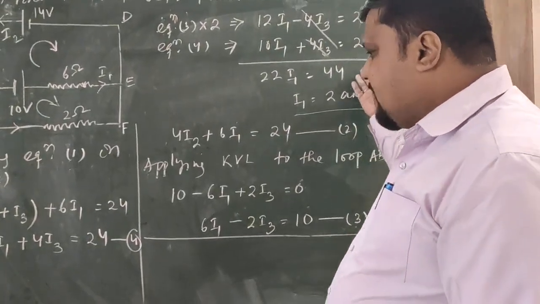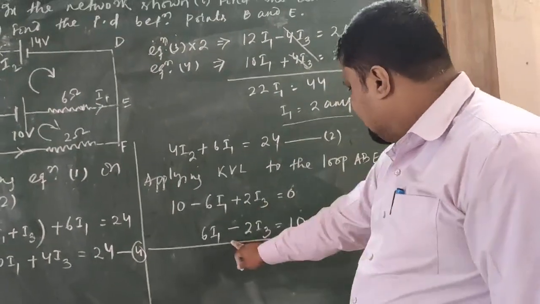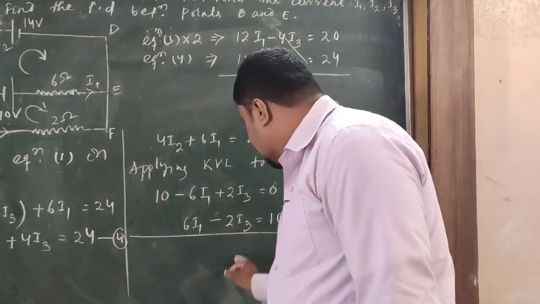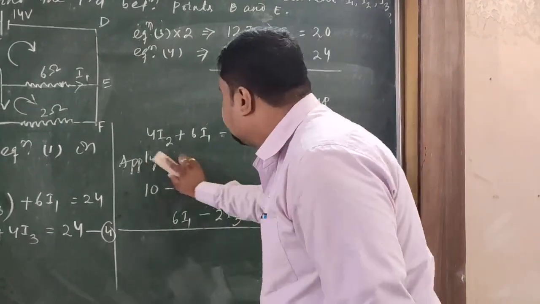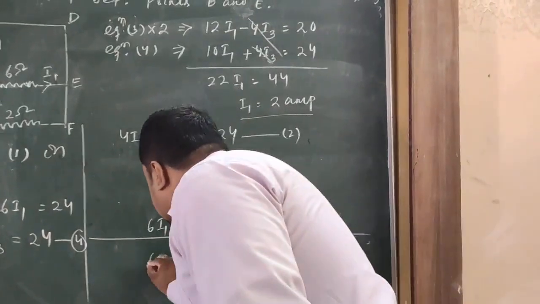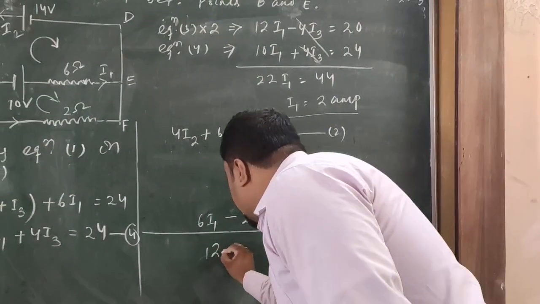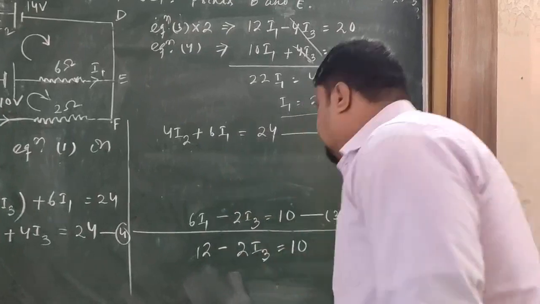Now you put this value of I1 in any expression, say equation 3. So putting this in equation 3, what will I get? 6 into 2, that is 12, minus 2 I3 is equal to 10.